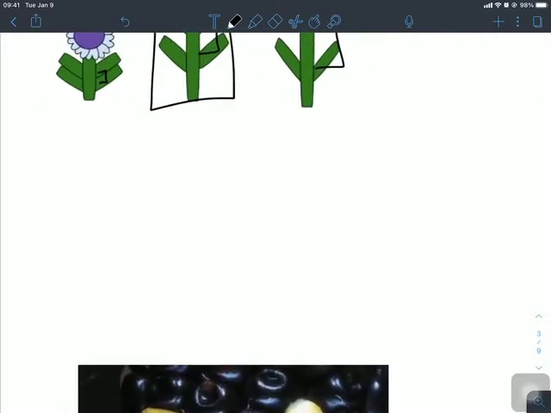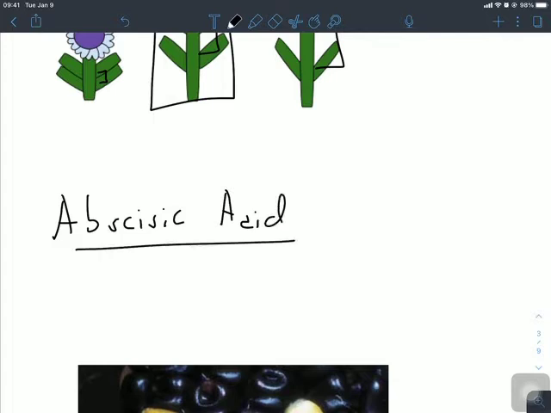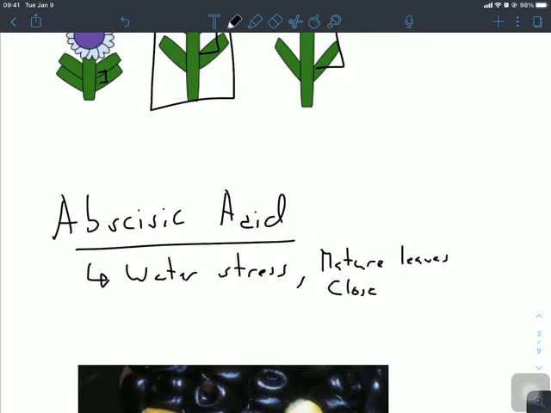Next up, we've got the hormone known as ABA, or abscisic acid. We've talked about this hormone before in the context of water stress. So we know that the production of abscisic acid can close stomata. So it is made in mature leaves in order to close the stomata.